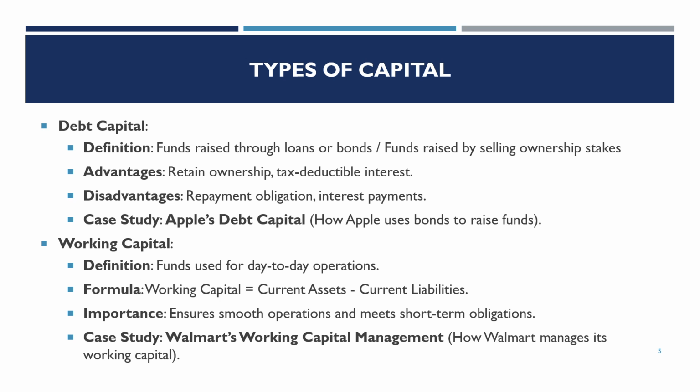It is important because it ensures smooth operation and helps to meet short-term obligations. Here you can take the case study of Walmart. Walmart effectively manages its working capital to ensure it can meet its operational needs and maintain liquidity.